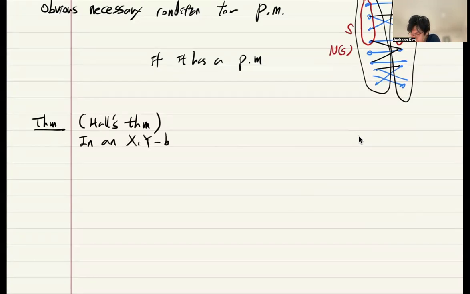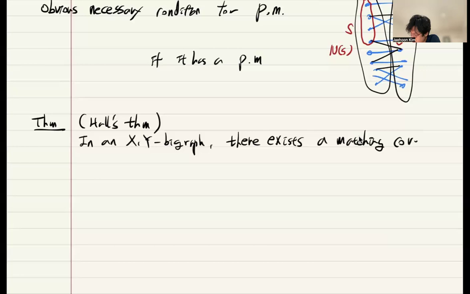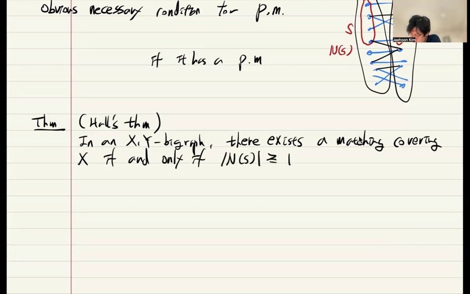If you have XY bipartite graph, we know that there exists a matching covering all vertices in X if and only if the size of the neighborhood of S is as big as the size of the set S itself for all S subset of X.